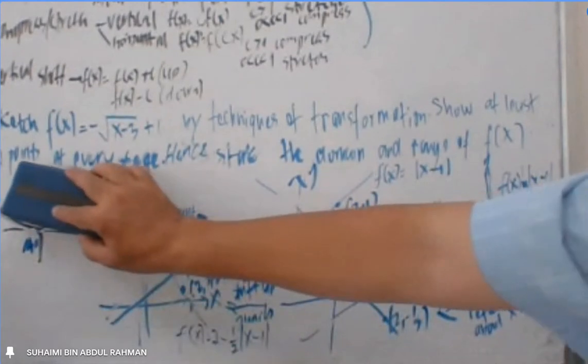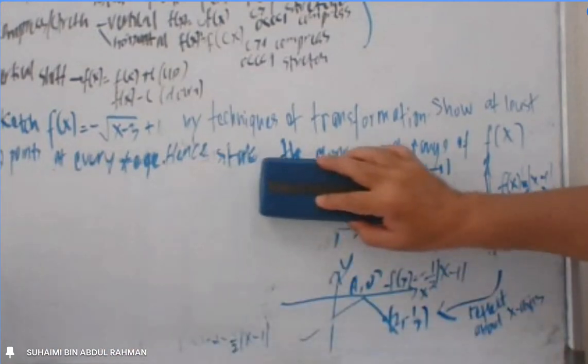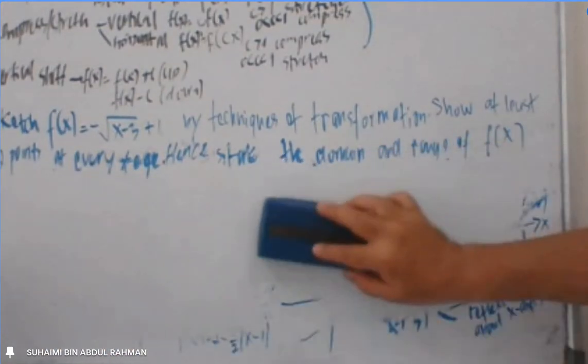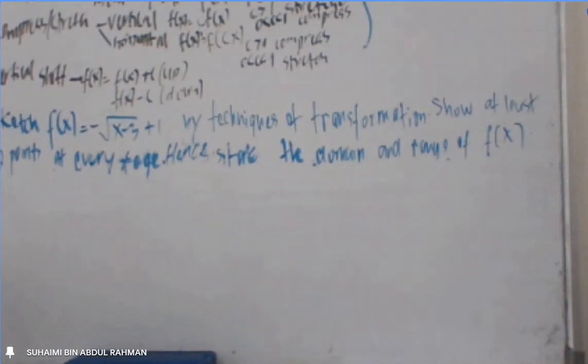The function which we want to sketch is f(x) equals minus square root of x minus 3, plus 1.